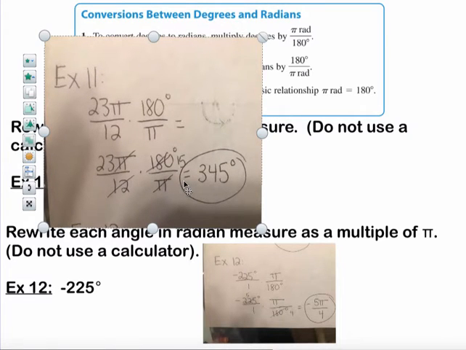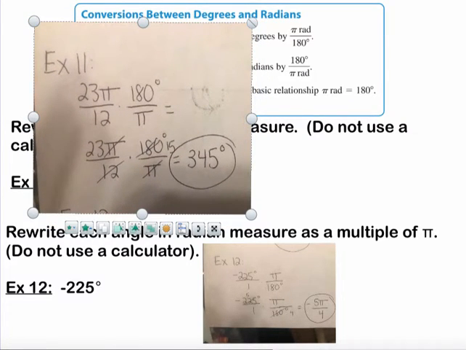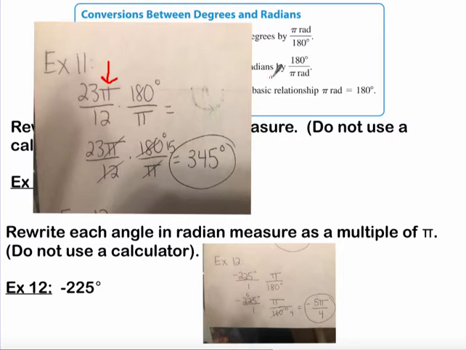Alright, so 23 pi over 12, what are we going to do? Well, if you think back to physics class or chemistry, stoichiometry, what we want to do is take 23 pi over 12 and change it from radians to degrees. So essentially we want to cut this pi out. To cut the pi out, we need to have a pi on the bottom. That way they cross cancel.